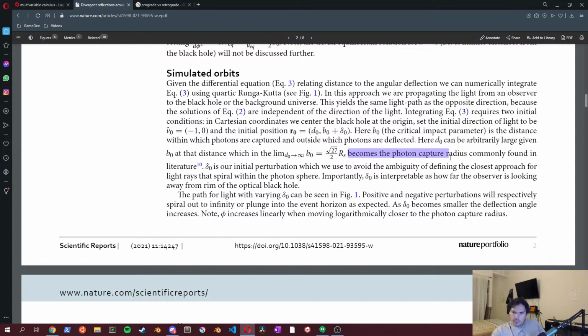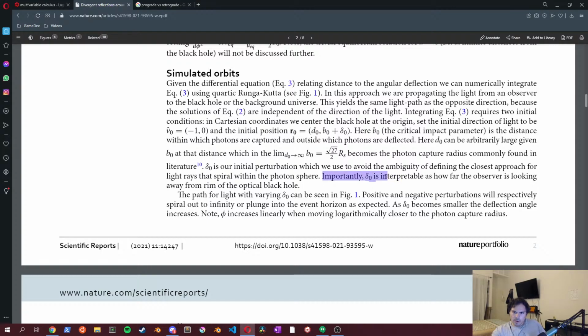And also this delta 0 is how far off you are from that critical point. So if delta 0 is a negative number, even a small negative, then you're going to fall into the black hole. If delta 0 is a positive number, then you're going to get deflected.